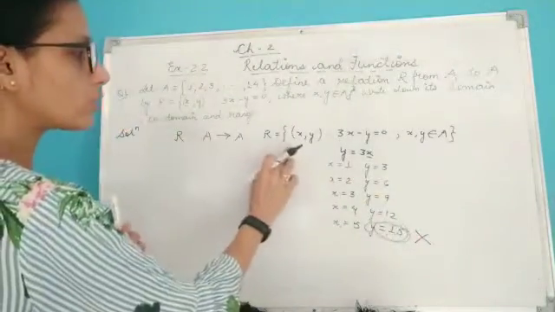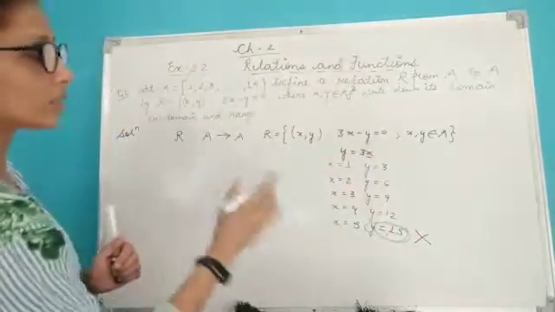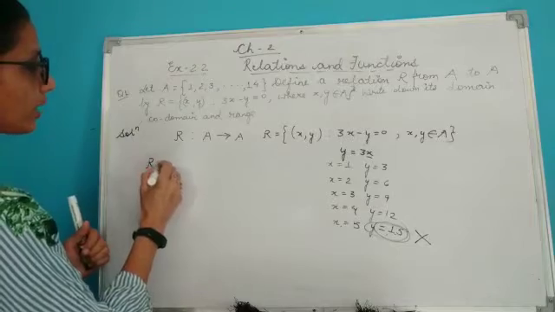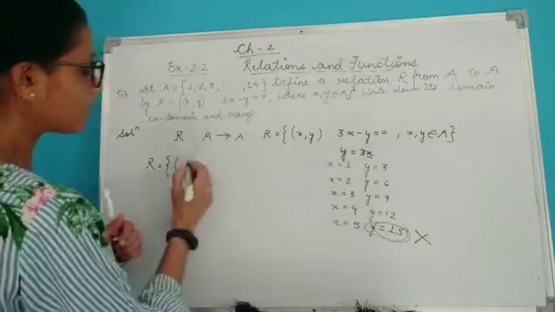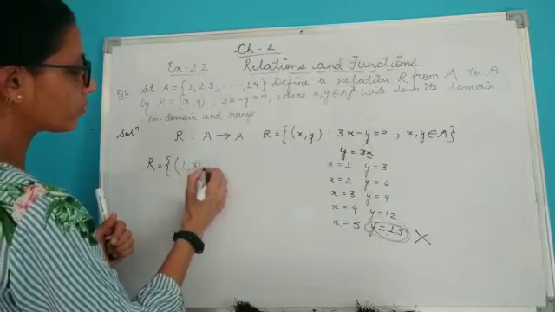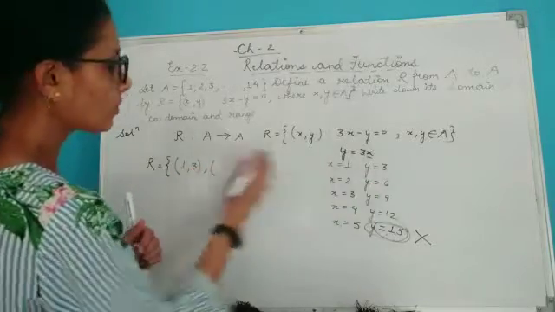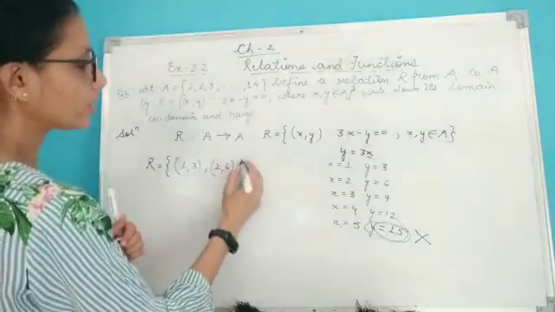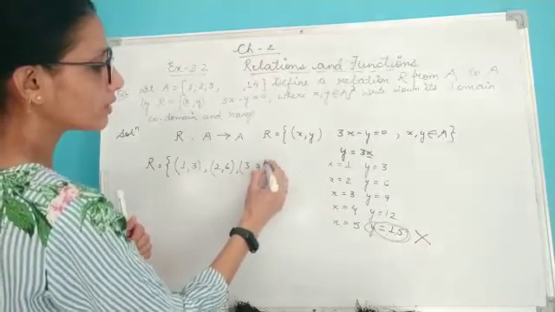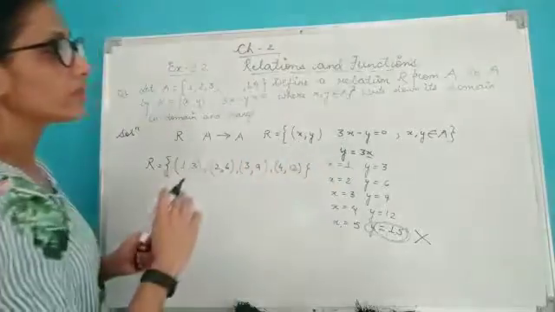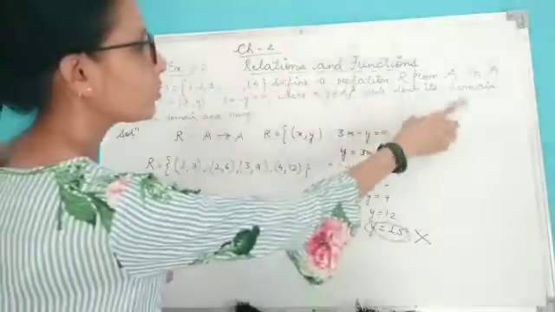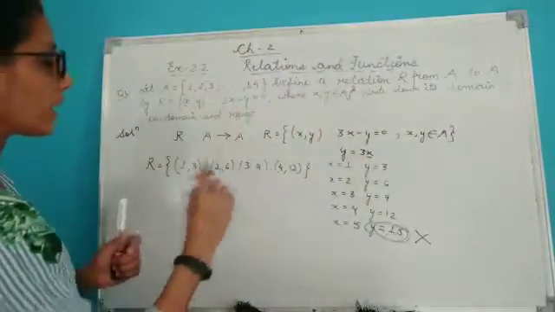So this relation which is defined can now be written as 1 comma 3, then 2 comma 6, then 3 comma 9, then 4 comma 12. Now children, it is given in the question, write down its domain, codomain and range.